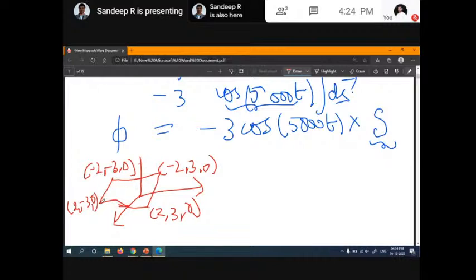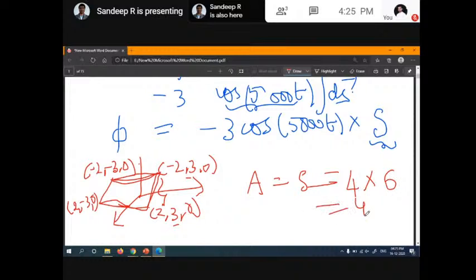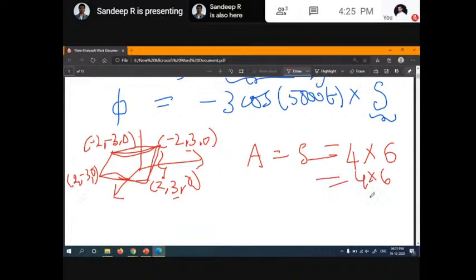From this you can observe that it forms a rectangle. Area S is equal to: this side is 2 minus of minus 2, so it becomes 4, and this length, 3 minus of minus 3, is 6. So the area is 4 into 6, totally 24.